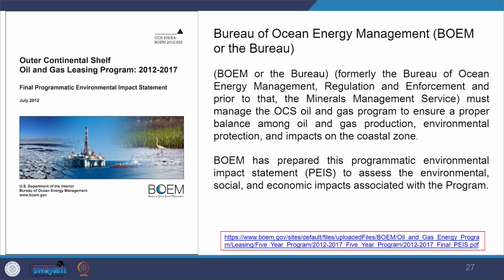So the Bureau prepared this programmatic environmental impact statement, PEIS, to assess the environmental, social and economic impact associated with the program. Because it's connected with the program, they're not going to look at just one project, but at the complete program, which will involve a number of projects together.